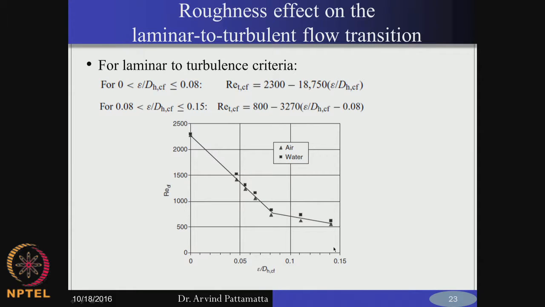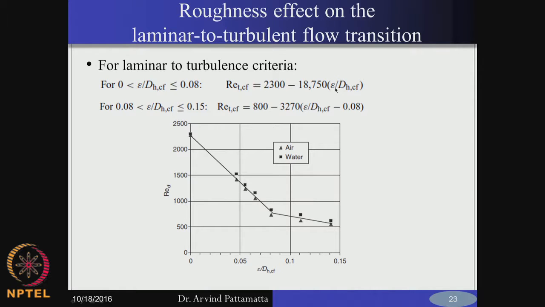So, for example, you look at the first correlation. So, if you put your roughness height as 0, you get your transition as 2300, which is your classical case. But for values of epsilon by D greater than 0, okay, you have values which are less than 2300.